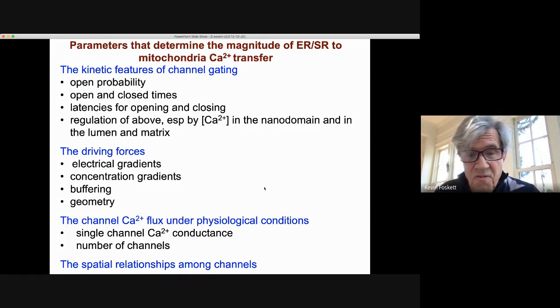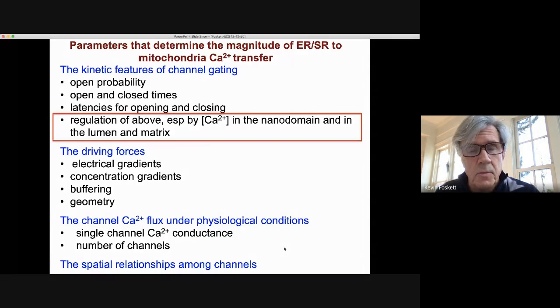The calcium flux under physiological conditions, and then, as I just discussed, the spatial relationships among the channels. What we've been focusing on mostly is regulation of the kinetic features of the channel gating, most recently, and over a long time actually, by calcium in the nanodomain, mostly on the IP3 receptor.